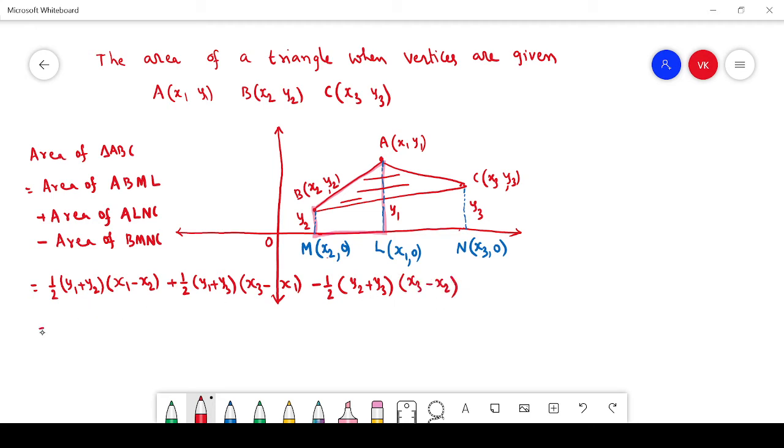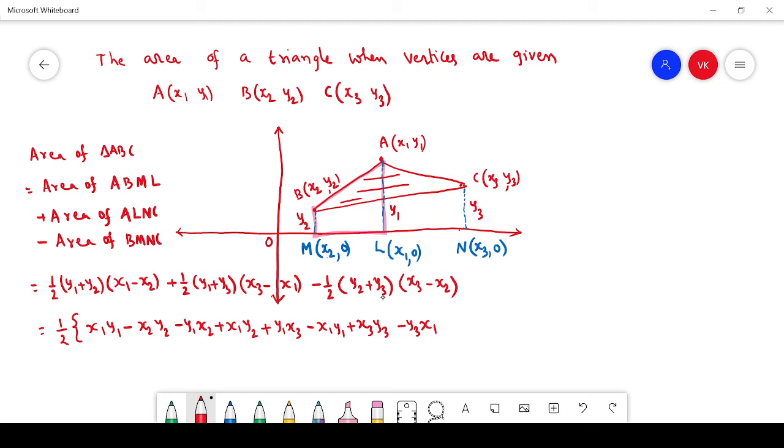Now everywhere half is there, and we simplify: x1 y1 minus x2 y2 minus y1 x2 plus x1 y2 plus x1 y2, next y1 x3 plus y1 x3 minus x1 y1, next plus x3 y3 minus y3 x1.